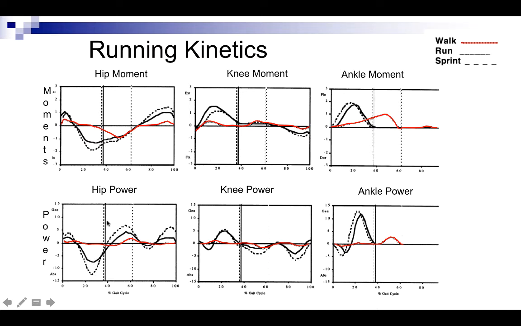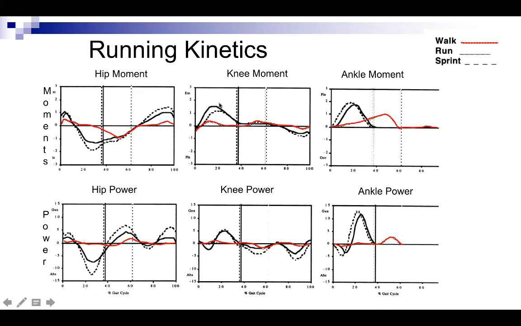And then as we look at the early swing phase, we see the same thing happening where we have a much greater power generation at a sprinting speed than even a running speed. So to review for the hip, we have a concentric hip extension early, eccentric hip flexion at propulsion, and then a large concentric hip flexion during faster running.